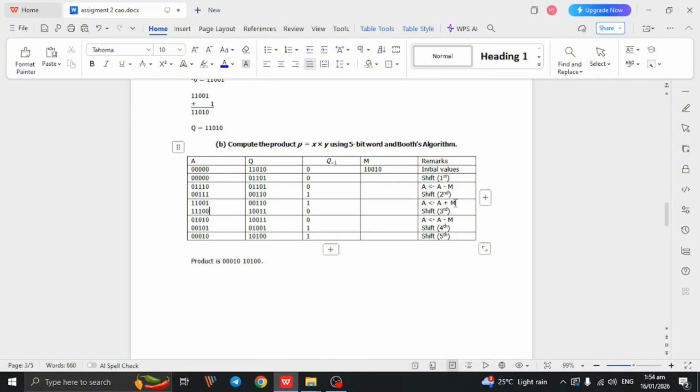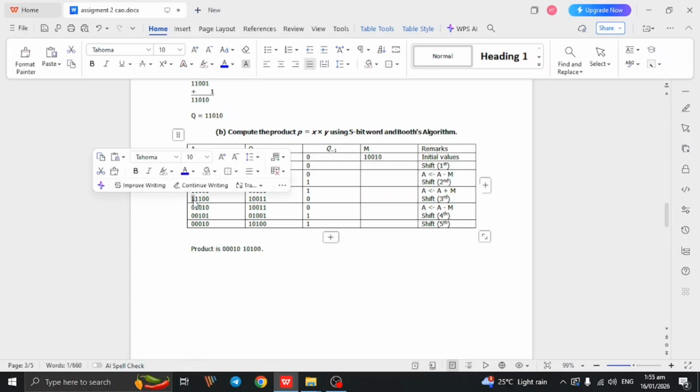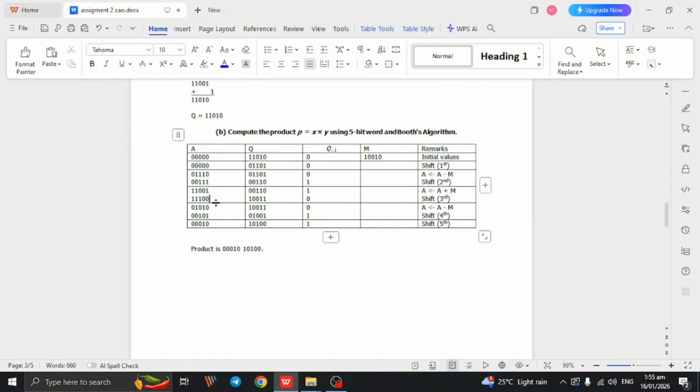After we add A plus M, we again shift to the right for the third cycle. So it becomes 11100. The 1 here stays the same because it is the sign bit.